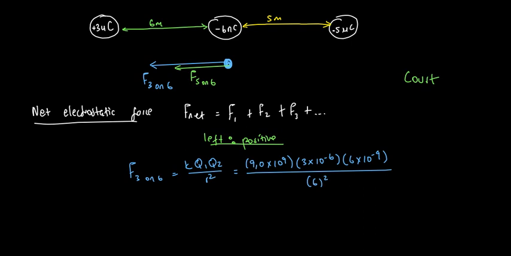All right, then what do you do there? You multiply. So 9 times 3 is 27. 27 divided by 6, that one is going to be problematic.